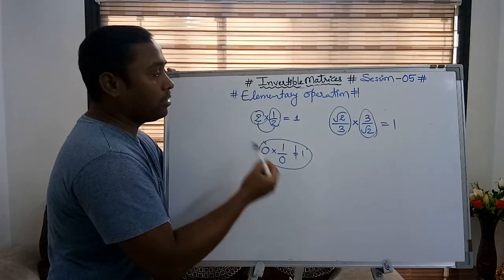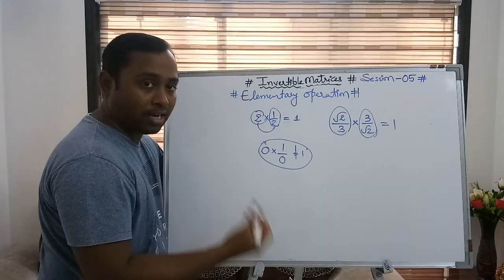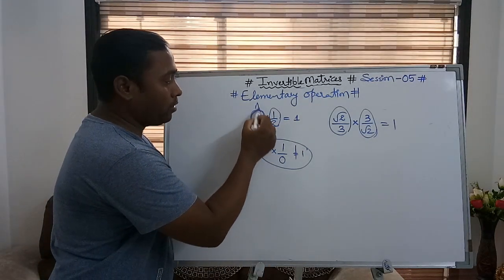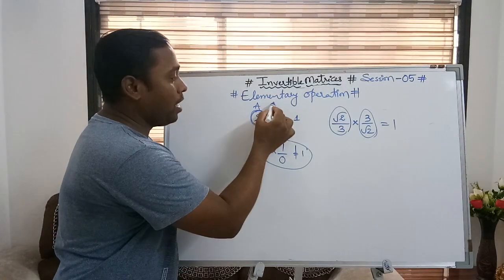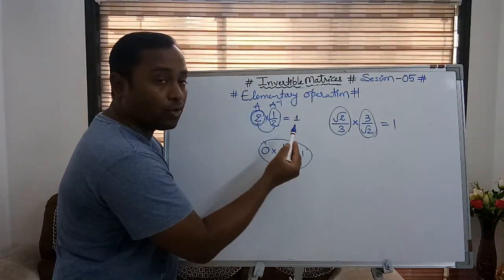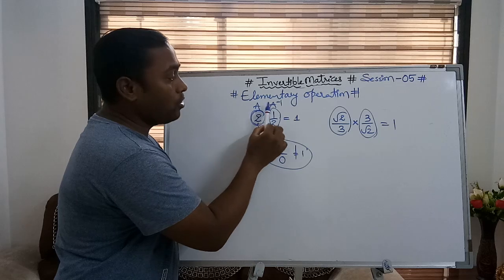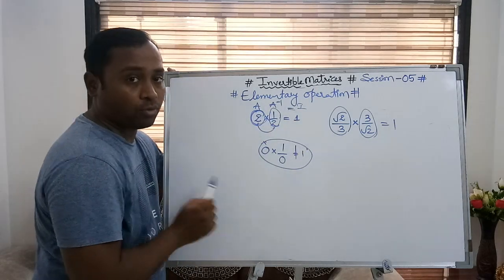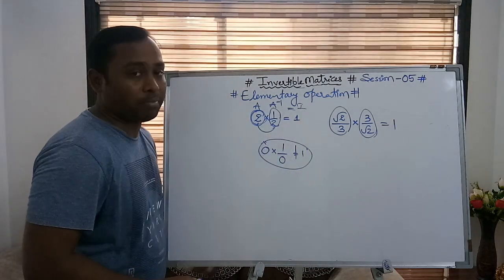Now let's see this concept through matrix language. If a square matrix A is given to you, we are going to find its inverse such that A into A inverse will give the identity matrix. This is the concept behind this method.